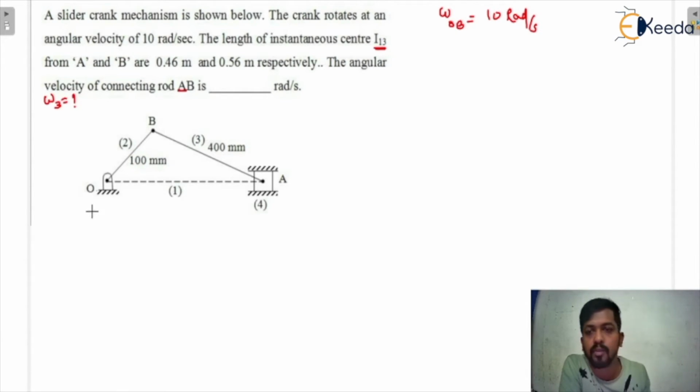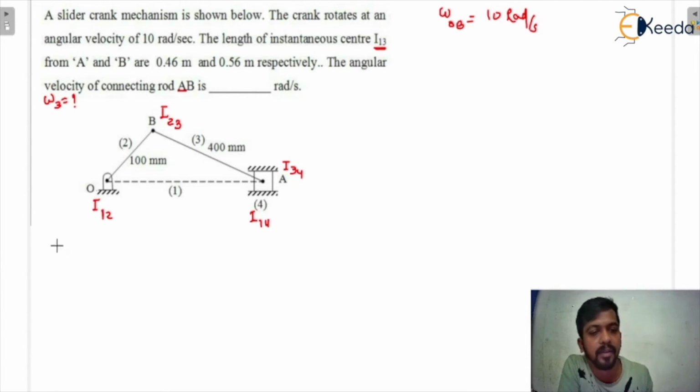Now we have to show the instantaneous centers in the diagram, that is I12, because links 1 and 2 are connected at a joint, then I23, and I34, and I14 is at infinity.